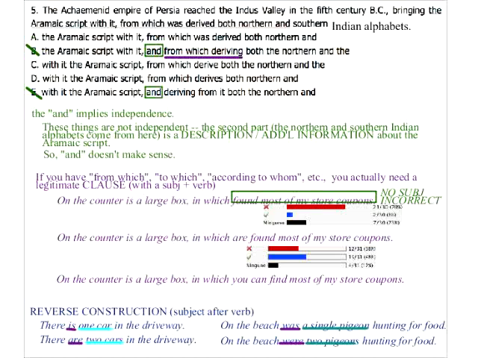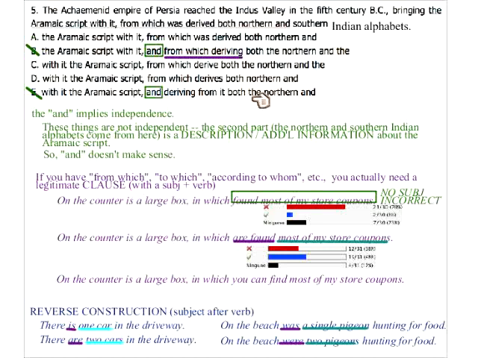Are found is the verb, and most of my store coupons is the subject. You can say, in which most of my store coupons are found. This is actually the same construction. So, in which are found these things.